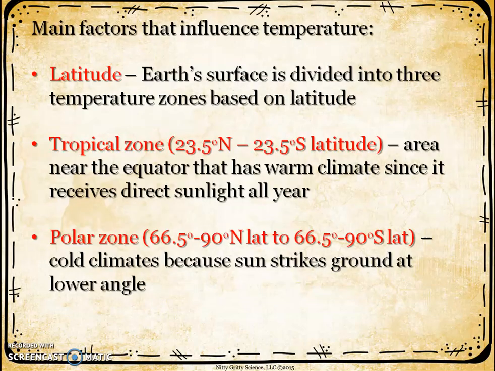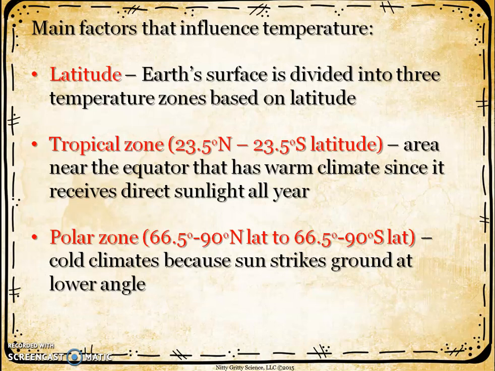All right, let's talk about the main factors that influence temperature. You have several here. You've got latitude. Earth's surface is divided into three temperature zones based upon latitude. You've got the tropical zone, anywhere from 23.5 degrees north and south latitude to the equator.